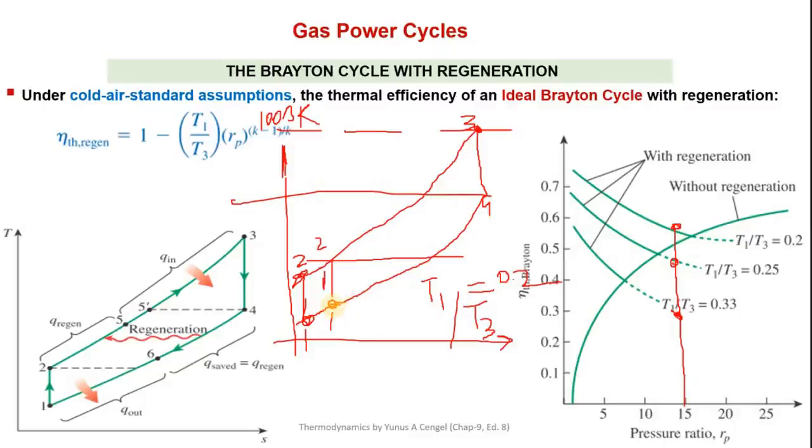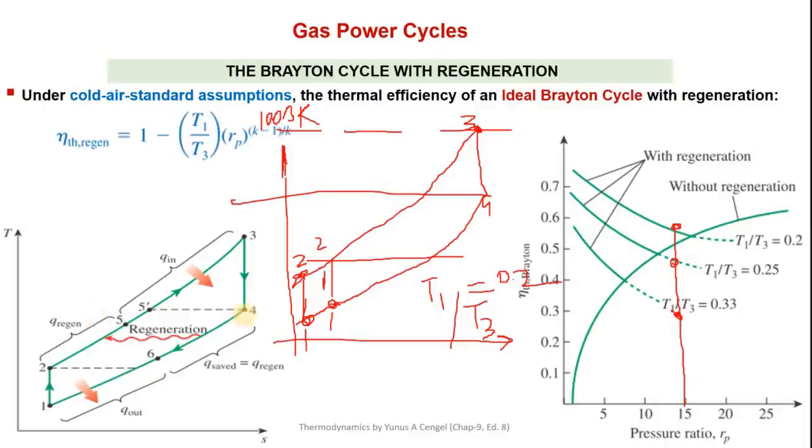Now when point 1 is shifted here, by keeping the pressure ratio constant, for example 15, point 2 is also shifted here. Now the difference between 2 and 4 is increased. It means more chance of regeneration, more chance of utilizing this regeneration heat, so the efficiency will be higher.